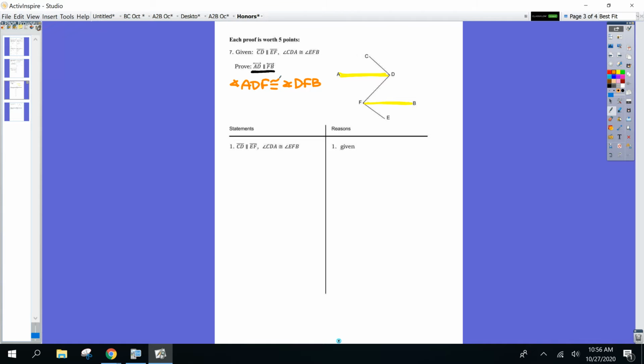So how did I get them congruent? Here we go, kids. First, they gave me that these two lines were parallel, CD and EF. You can find special angles formed by those two, which were angle CDF congruent to angle DFE.